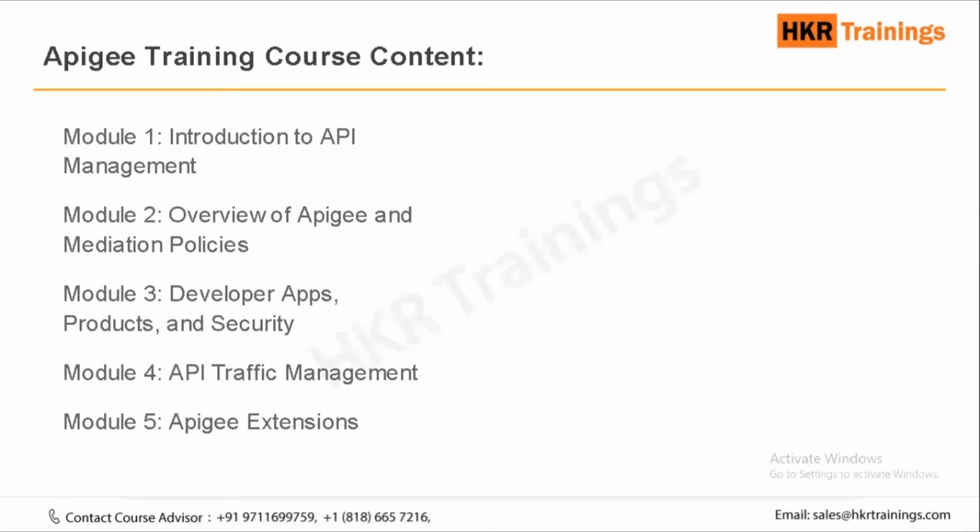Now there is the course content, which I think might already have been shared with you all. Introduction to API management, Apigee overview, and mediation policies. Module 2 is going to be the most important session here. To begin with, everything is given in the form of policies in Apigee, which we will see in the coming session.